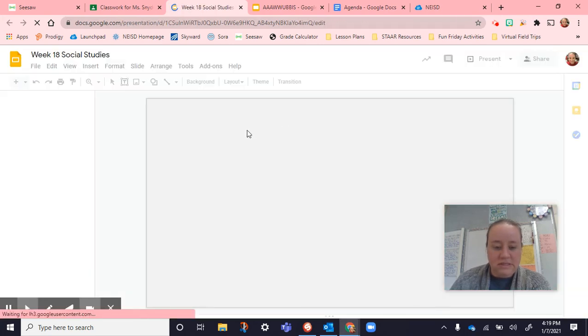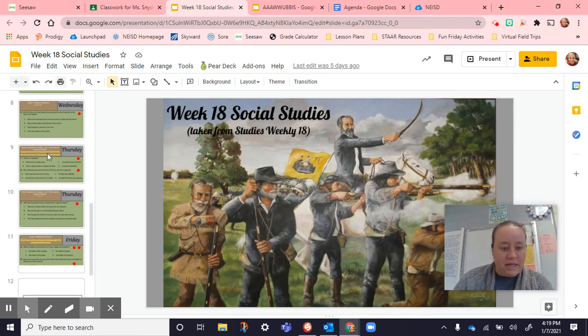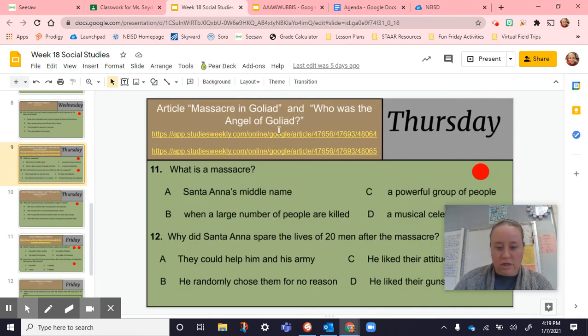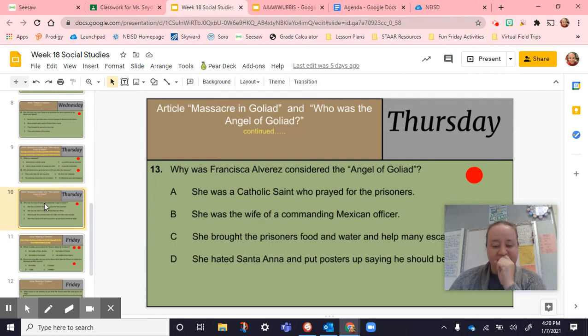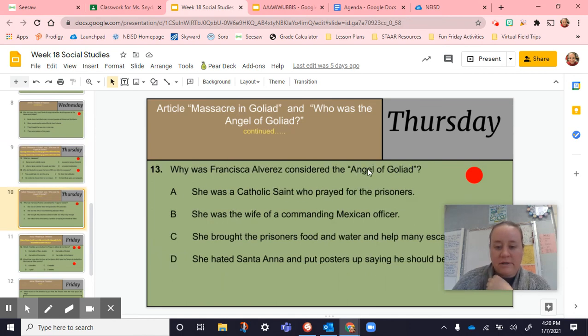So on the social studies assignment today, today is Thursday, so they went down to the Thursday page. Thursday has 2 articles. The first 2 questions came from the first article. And this last number 13 came from the second link here about the Angel of Goliad.